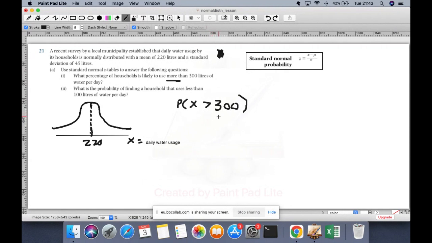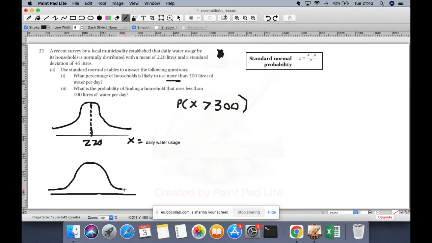All right, so we want to know what this probability is. Now in our textbook and exam, you'll be given a formula sheet and you'll be given tables. Now we only have a table when a variable follows a normal distribution where the mean is not 220 but 0. So we have an equivalent bell-shaped curve, identically shaped, right?